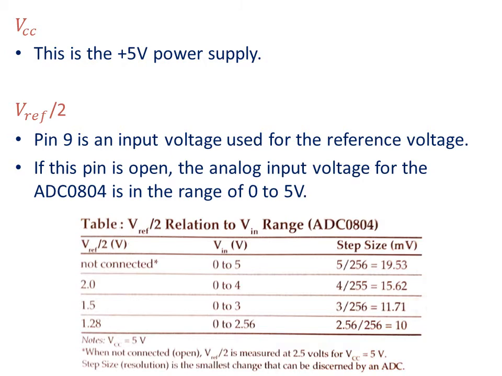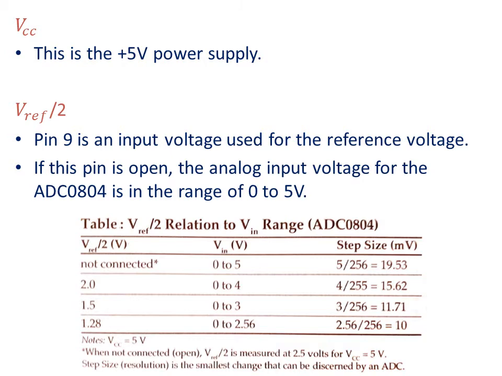The table shows the Vin range for various VREF by 2 inputs. If you look into the table, if the VREF by 2 pin is not connected, then Vin range is from 0 to 5 volt and the step size is 19.53 millivolt. If VREF by 2 is connected to 2 volt, then the Vin range is 0 to 4 volt, so the step size is 4 divided by 255, that is equal to 15.62 millivolt.